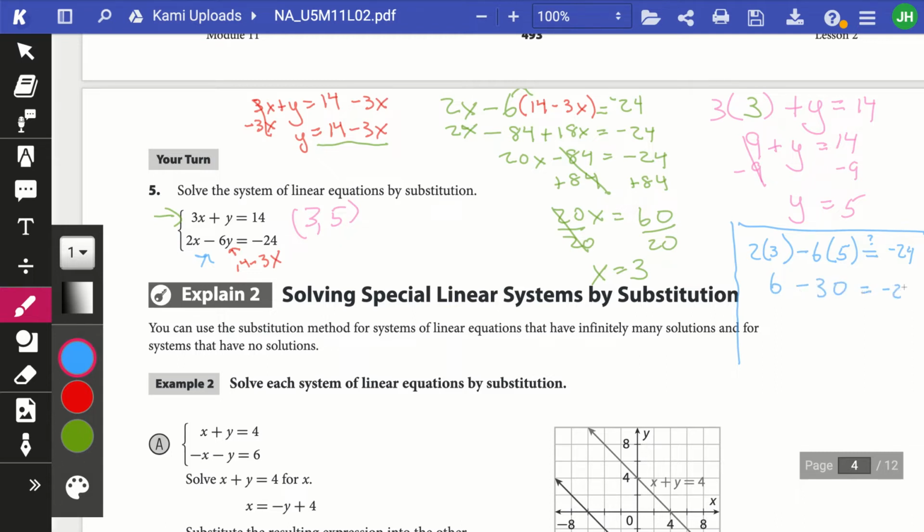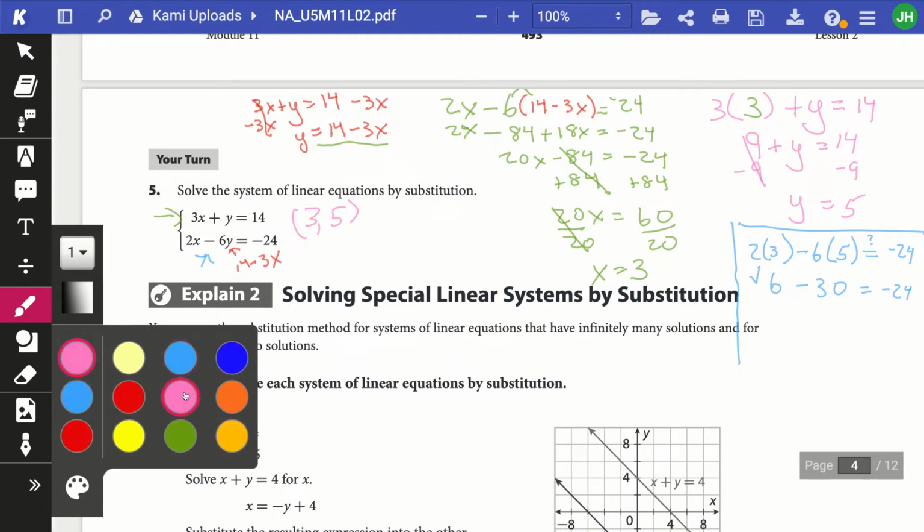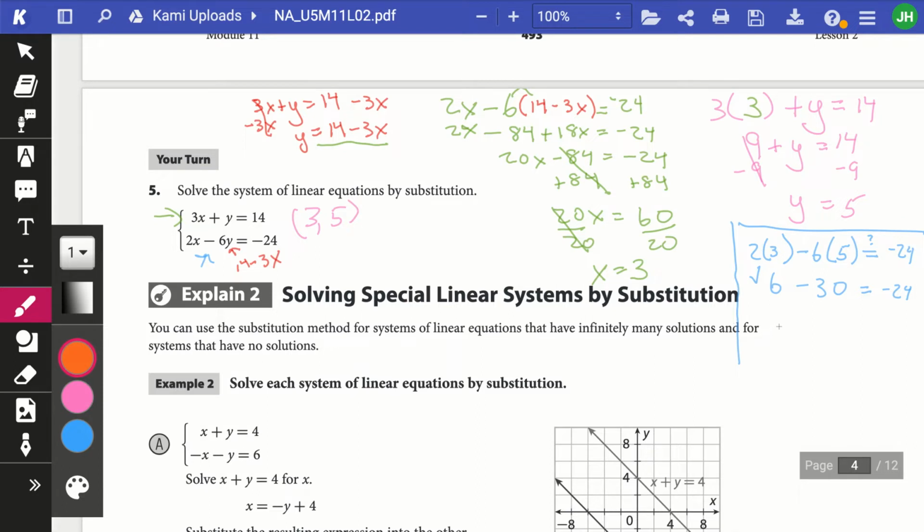Does that equal negative 24? It does. But wait, there's more. Let's check the other one too. 3 times 3 plus 5, does that equal 14? 9 plus 5 equals 14. Yes, our answer is confirmed.